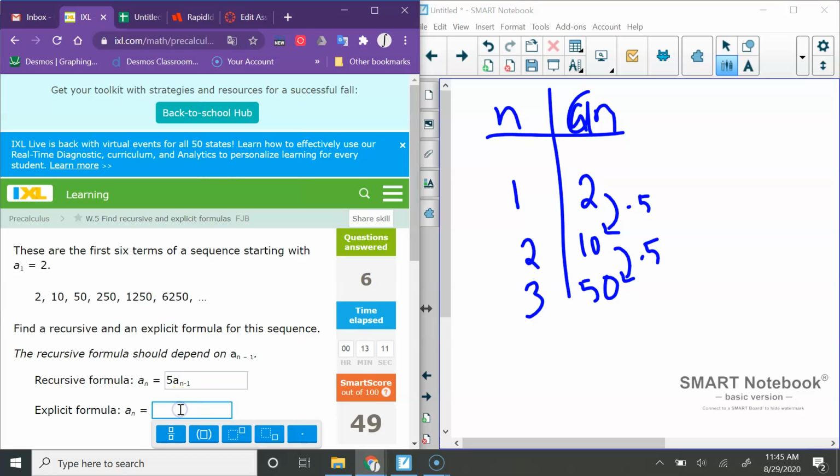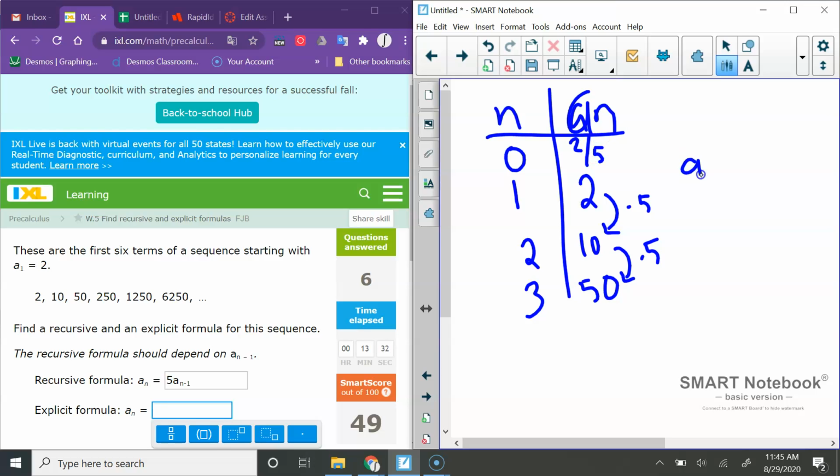But our explicit formula, we have to write this like an exponential. And to do that, we need this original term right here. So to go from 2 to 10, we multiplied by 5. To go from 2 to the previous term, we're going to have to divide by 5. So we'll get 2/5 here.